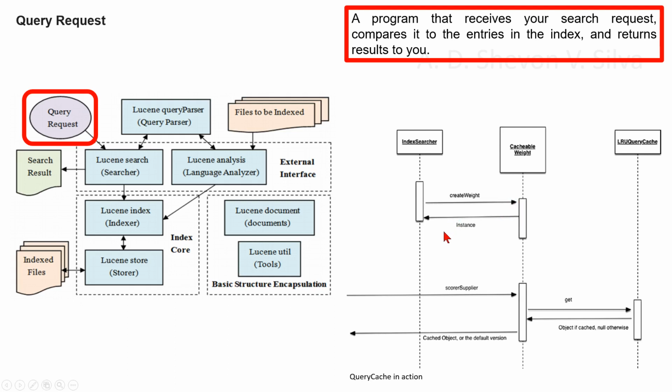When the scoring starts, the cacheable weight instance checks whether the query is present in the cache. If it is present, the cached version is retrieved and returned. Otherwise, a cache load is done and the corresponding instance is returned.